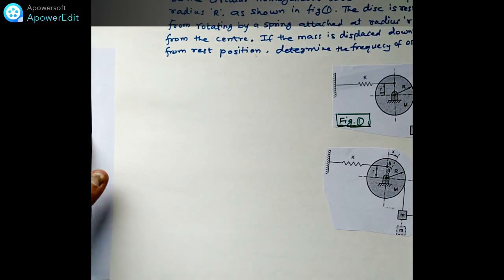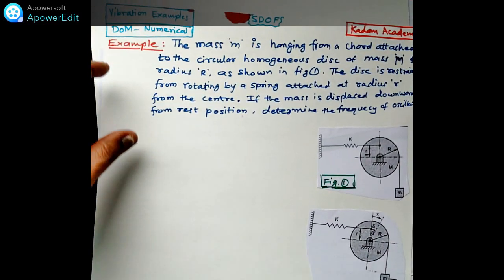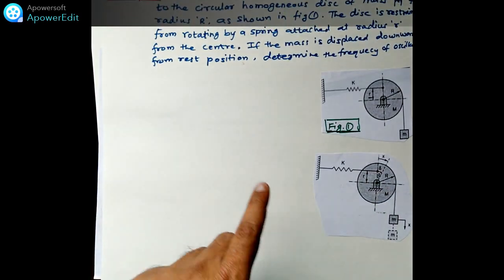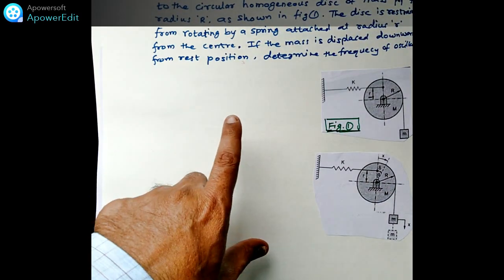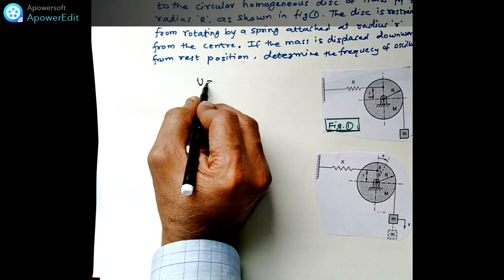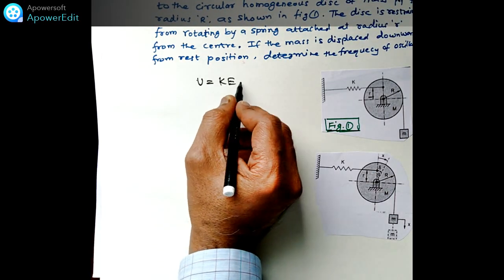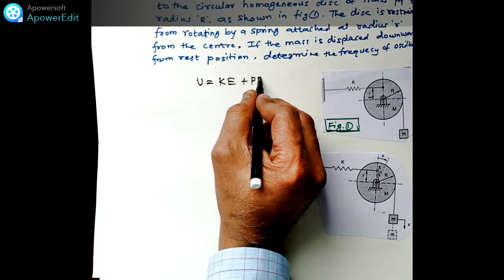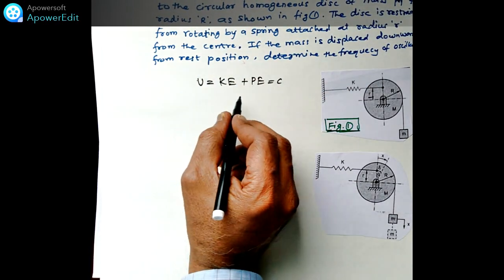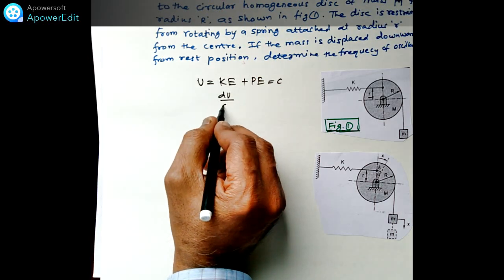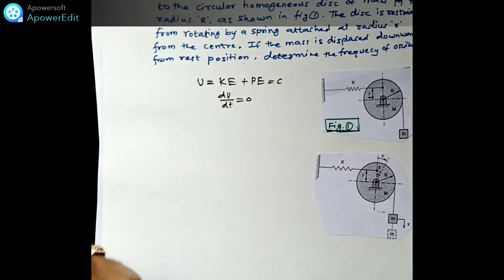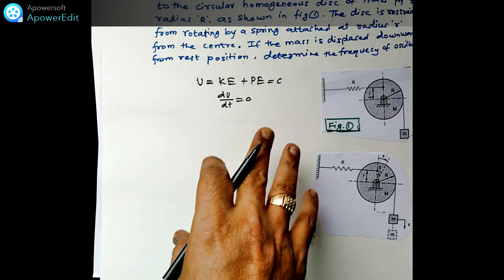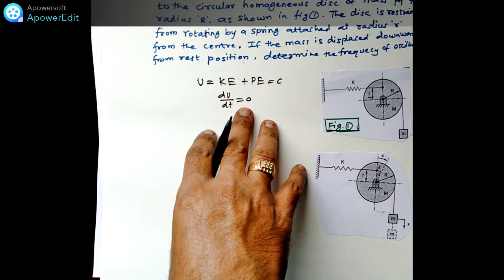So what is the difference in this numerical? The numerical is same. In this case also we can utilize the same formula. For this energy method, KE plus PE is equal to constant, and just differentiating with respect to t, it will become 0. We can get the value of whatever we want to find out, the omega n, okay.